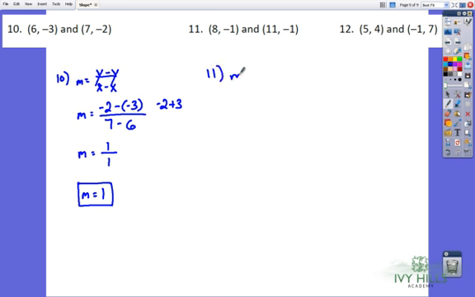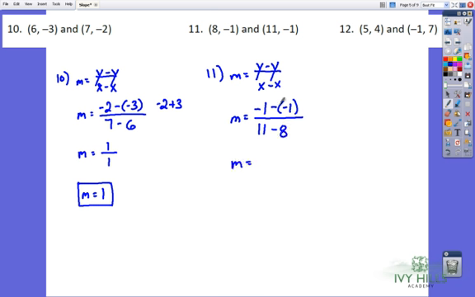Number 11. Slope equals y minus y over x minus x. And for number 11, that would be negative 1 minus negative 1. So again, that was negative 1 minus the other y value, which is negative 1. So that's why we have the minus. It's essentially minus minus 1, which is going to turn that into negative 1 plus 1, all over 11 minus 8.